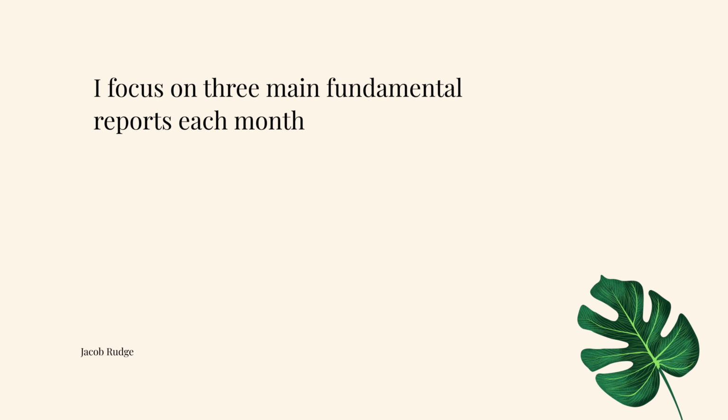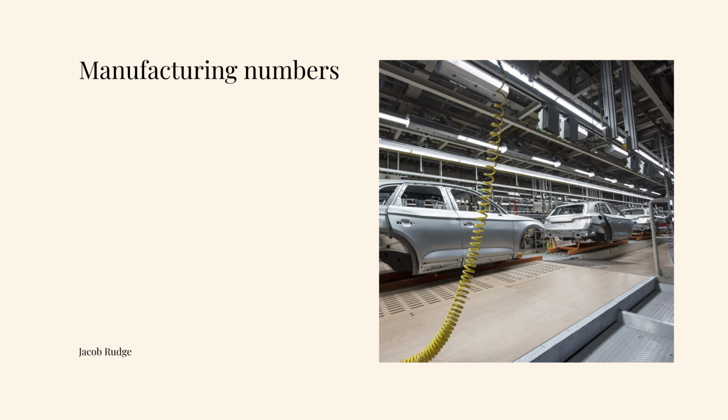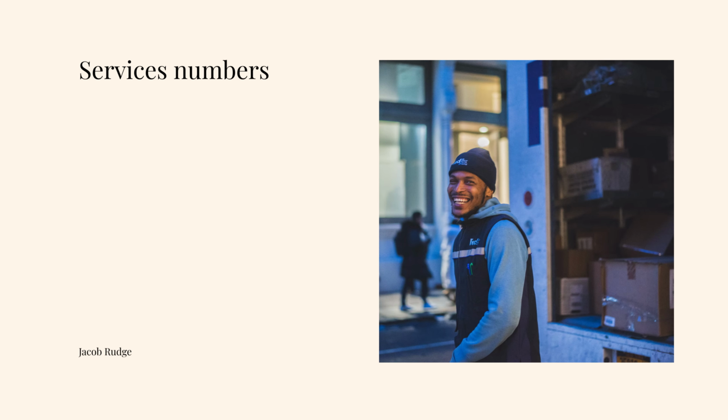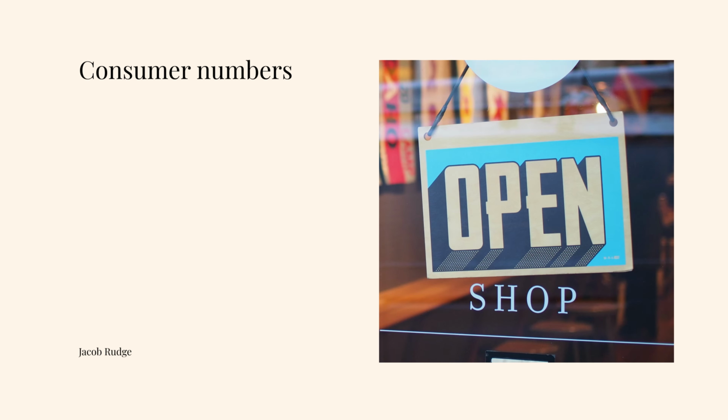Again, that will make sense later on in the video, but essentially what I'm doing is I'm looking at three key areas. I'm looking at manufacturing, I'm looking at services, and I'm looking at consumer spending. Those are the three areas. I do have more, up to 6 areas that I look at, but 3 areas are my core fundamental, and if I can't decide what's going to happen there, I will then have a look at the other 3 to give me a little bit of a bias to what could be happening within the next 10 to 14 months.